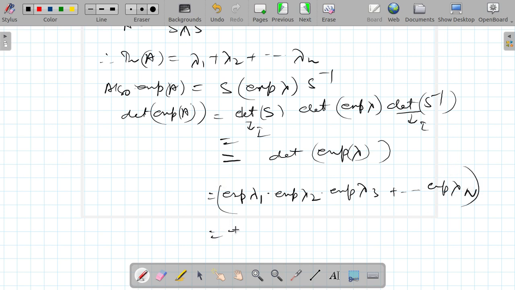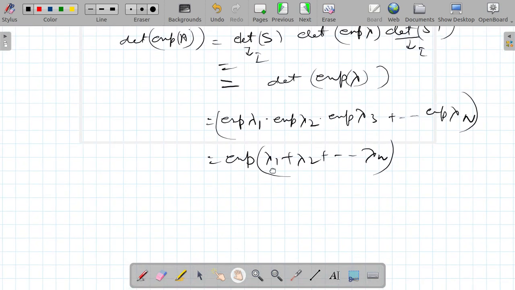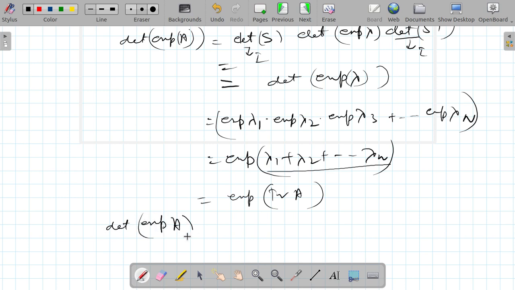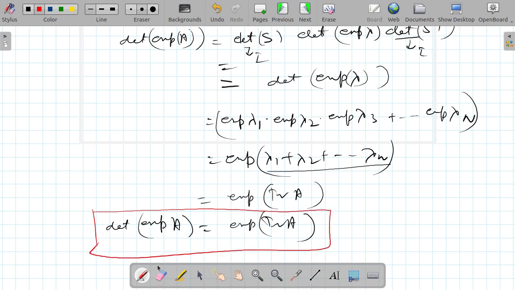Since everything is exponential, it is exponential of lambda 1 plus lambda 2 plus and so on plus lambda n, and this value is nothing but the trace of A. So determinant of exponential of A is simply equal to exponential of trace of A, and hence the result is proved.